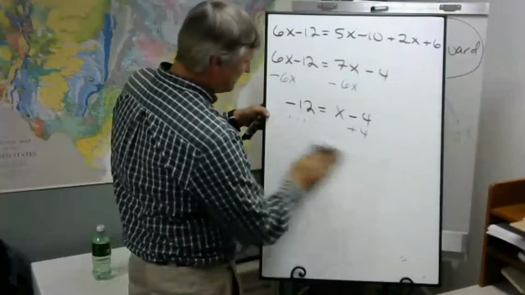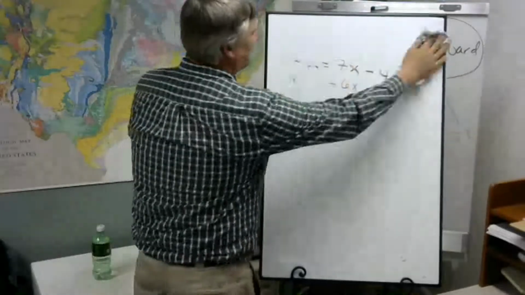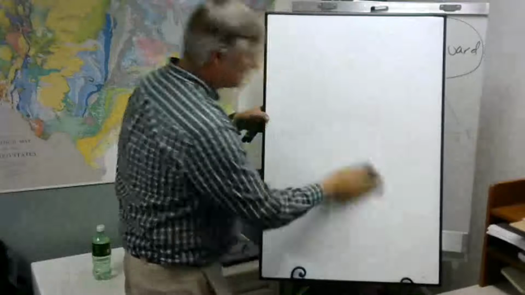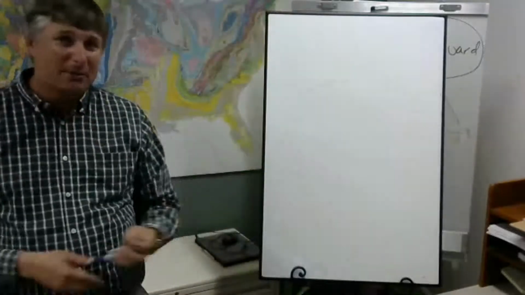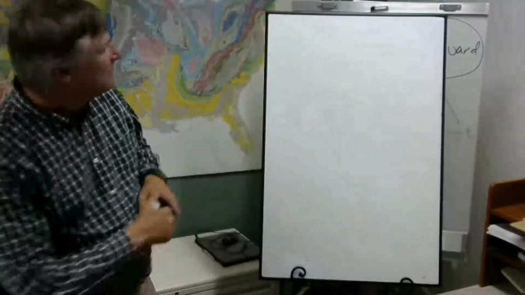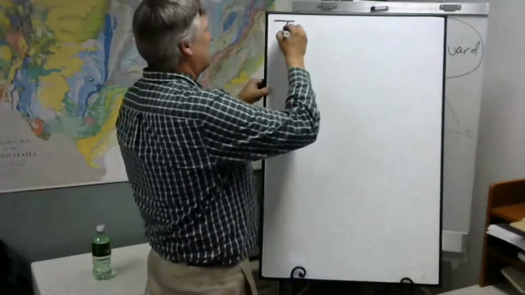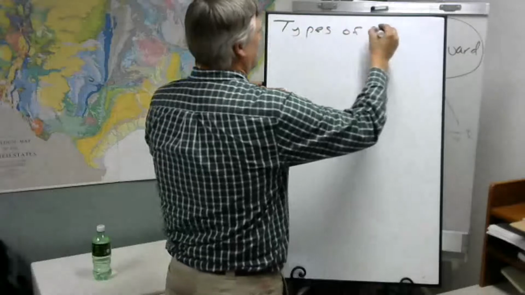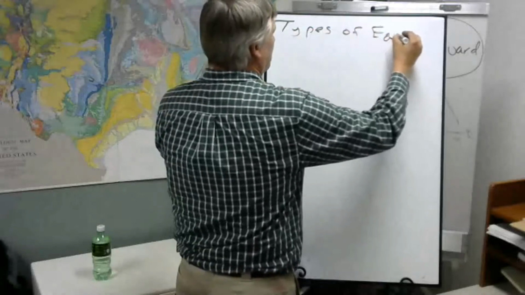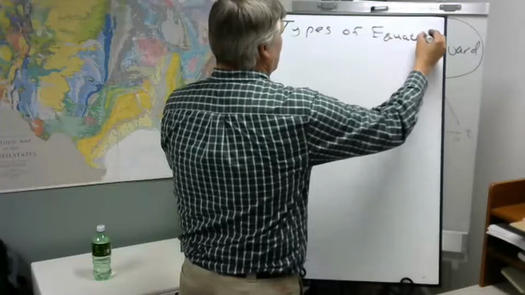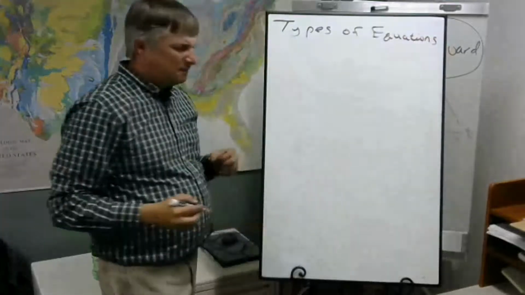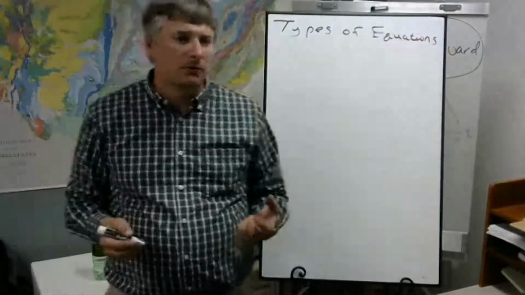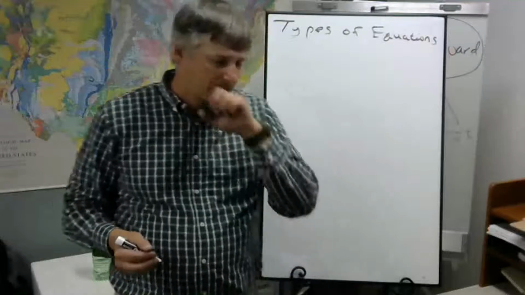So the last thing to talk about in this section is what we call types of equations. The type that we've been working with so far is called conditional.